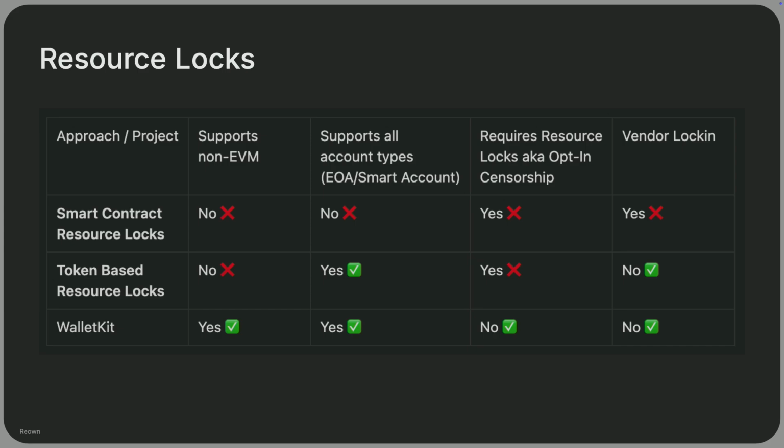The flavors of resource locks that are in the wild are primarily smart contract-based resource locks, usually an ERC 7579 module that's installed on the smart account. But there are also other flavors, such as token-based resource locks, which is more similar to the approach Uniswap is taking.